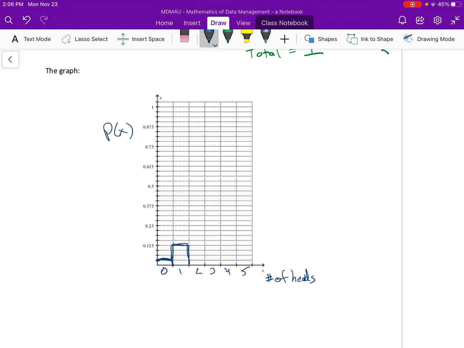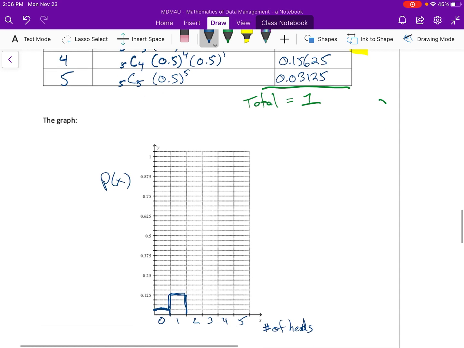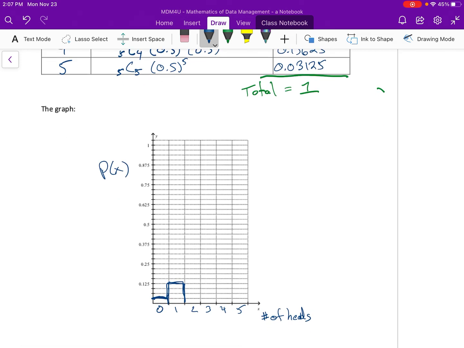Roughly there. And it was at 0.312. And that's the same for these two. And then it evens out, it's symmetrical over here. And so there's my probability distribution for these. And you'll notice this starts to look a bit like a normal distribution.